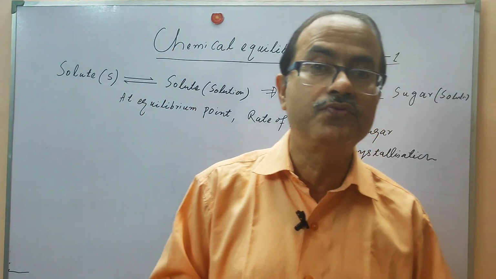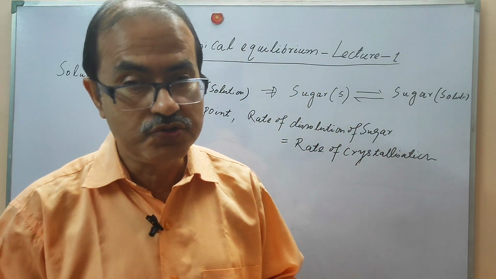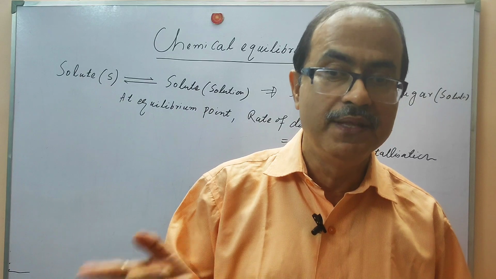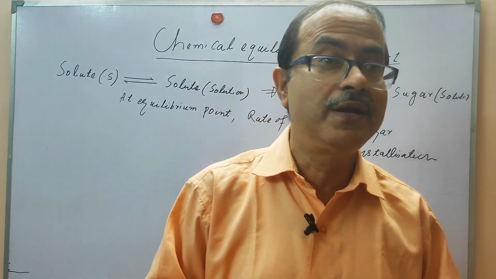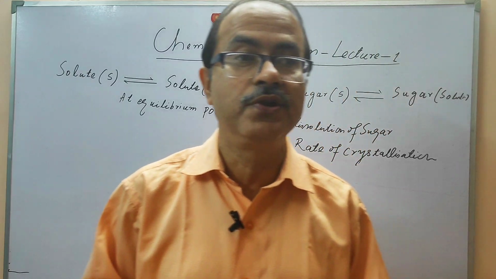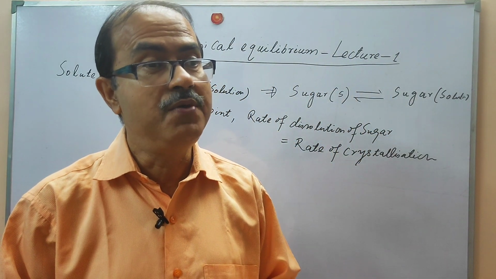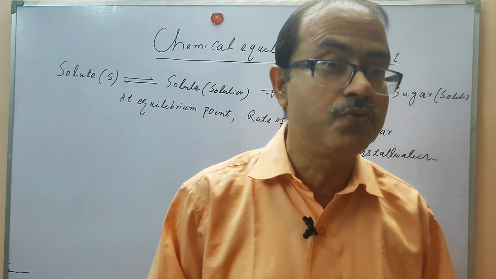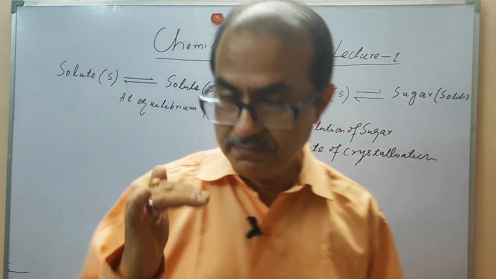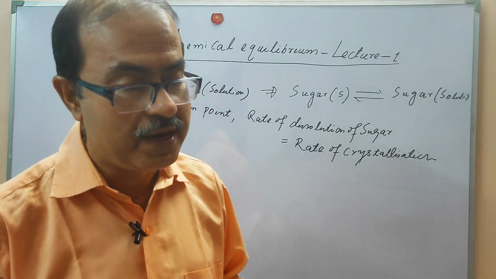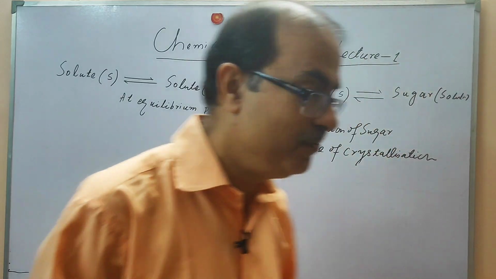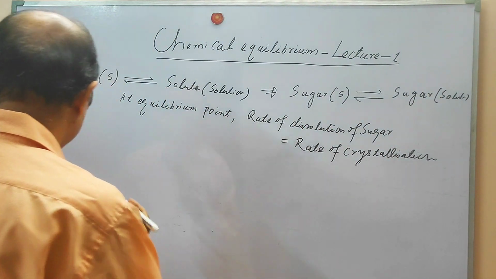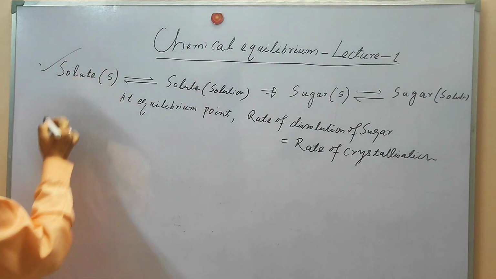If we put this radioactive sugar in this saturated solution, after some time the solution which did not have radioactive sugar will have some proportion of radioactive sugar, and the time will come when the ratio of the radioactive sugar and the normal sugar becomes equal. The ratio becomes equal, and that says that this solution has reached the equilibrium point. So you understand this very important physical process.